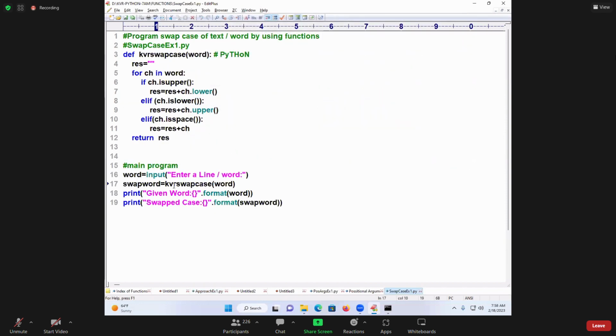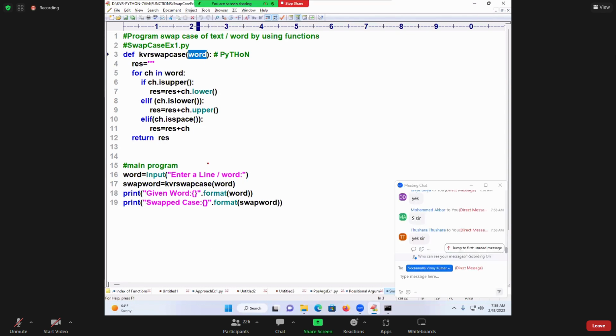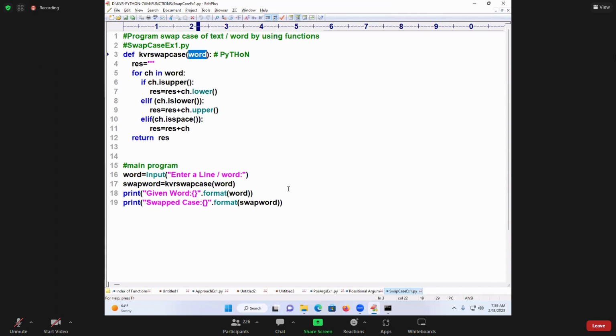I'm passing here KVR to swap case of word. It is an argument passing to this function or not? What is this mechanism called, students? One word is passing to one word. Is it called positional arguments or not? So easy. Positional arguments concept we understood.